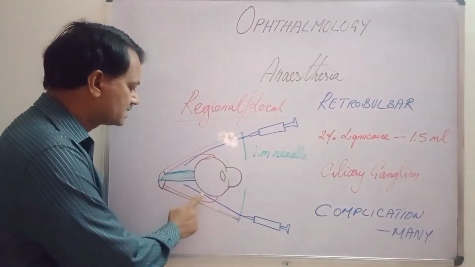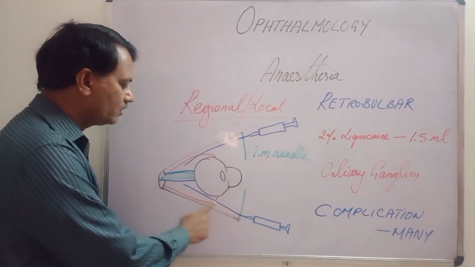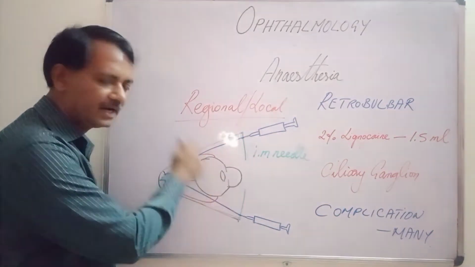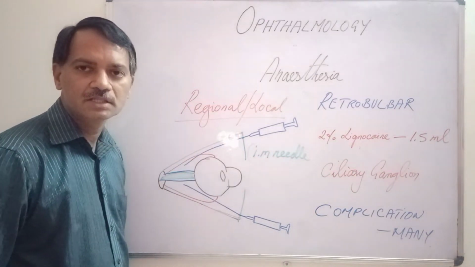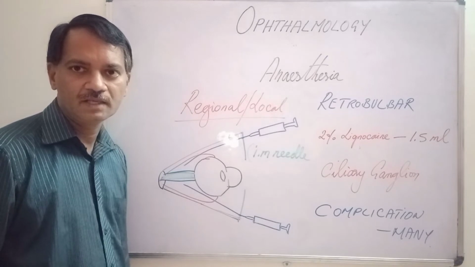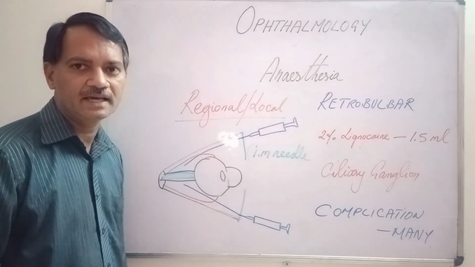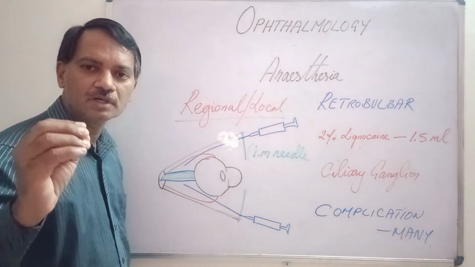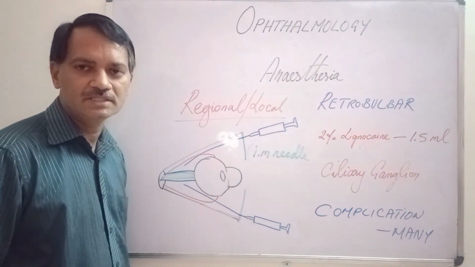Sometimes if you don't direct the needle towards behind the globe, it may perforate the globe and cause anesthesia of the eyeball and you may lose the vision. So many complications are there in retrobulbar anesthesia. Nowadays we don't prefer this type of anesthesia.